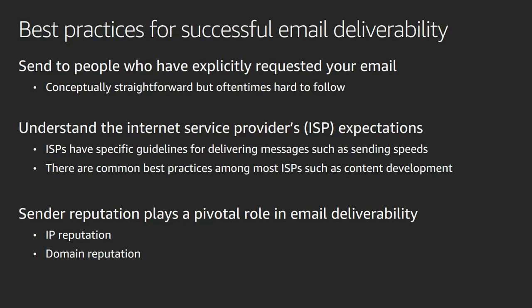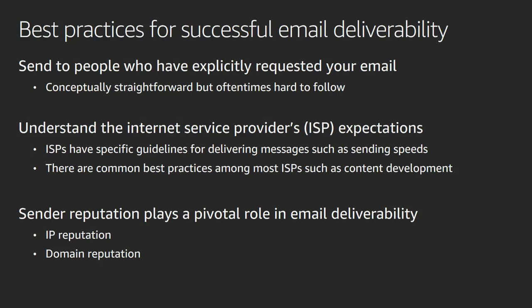All this contributes to something called sender reputation. It's like anything else with a reputation label. It's how people view you based on what you've done in the past as a sender. There are a few areas of sender reputation that can be established.